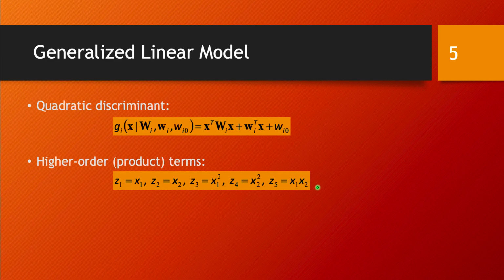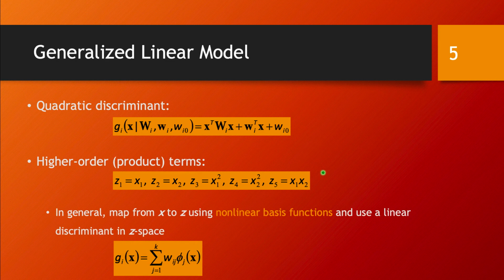And you can also extend this to third degree terms, writing all the combinations of degree 3, and so on. Once you do this, you can reduce your problem to the linear discriminant, because the quadratic discriminant we discussed is in fact a linear discriminant in terms of these extended features. So that's also a way of obtaining a nonlinear separation using a linear discriminant, by adding these extra features.